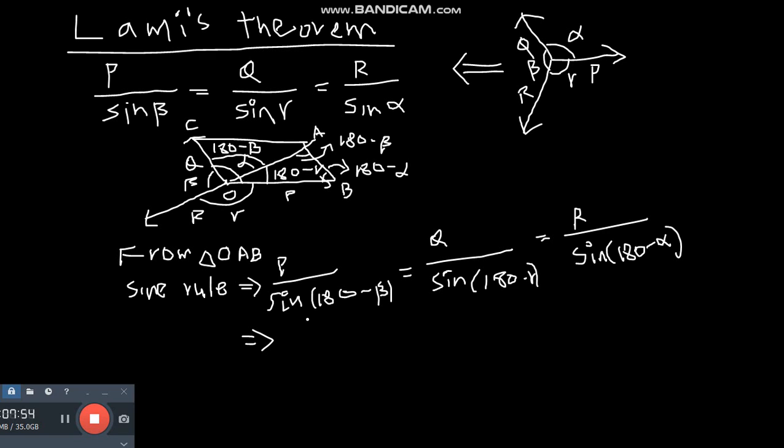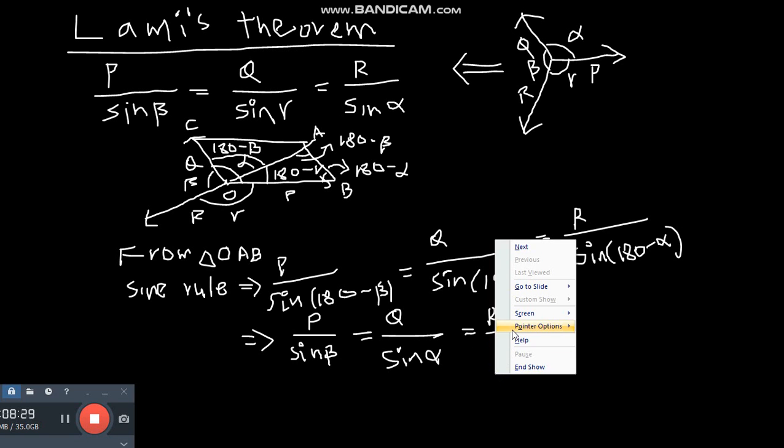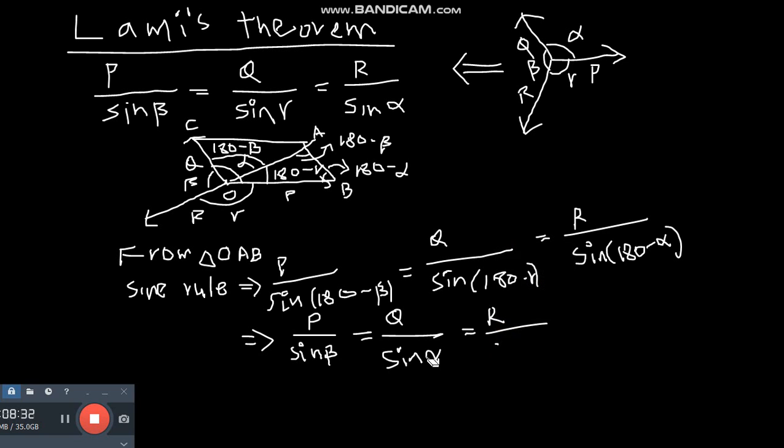So P by sine beta is equal to Q divided by sine gamma equals R divided by sine of 180 minus alpha. Sorry, this is gamma.